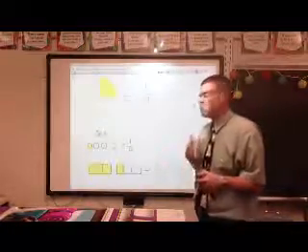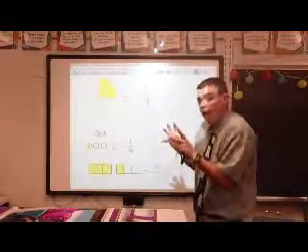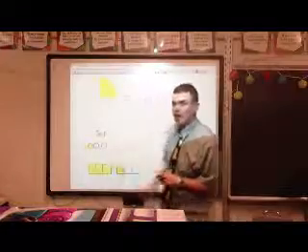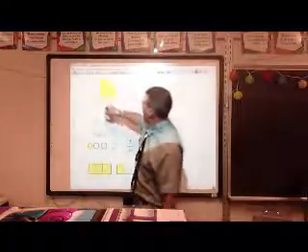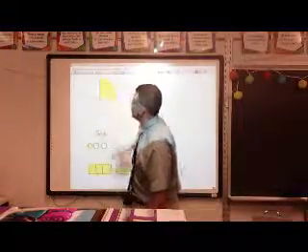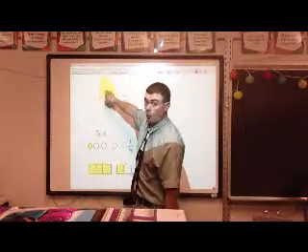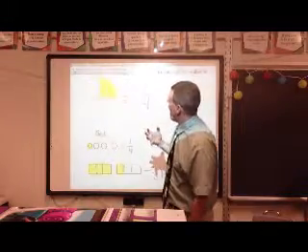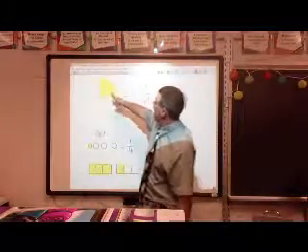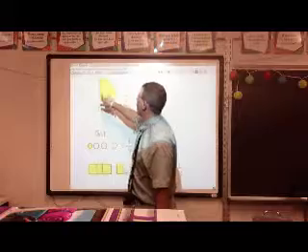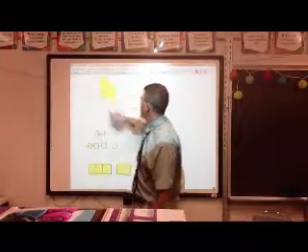Now, fractions can be made into a whole object or it can be made into a set. Here I have a whole circle. It's broken up into 1, 2, 3, 4 parts. Now, I could say I have 1 shaded part out of 4.